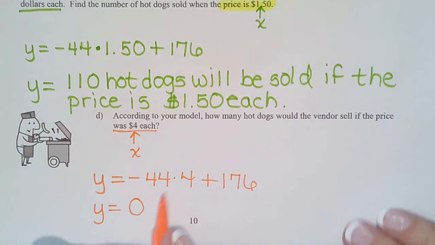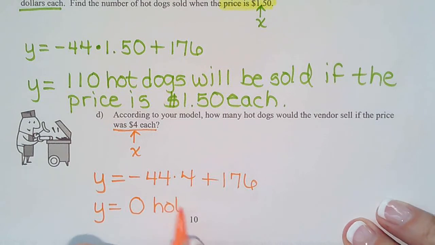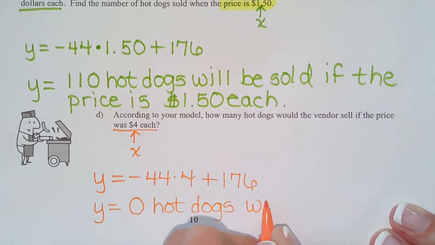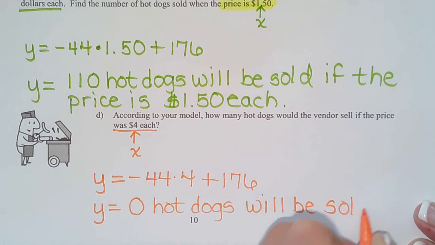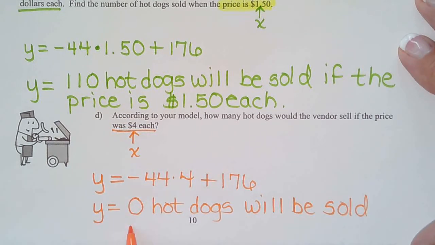So 0 hot dogs will be sold if the price is $4 each.